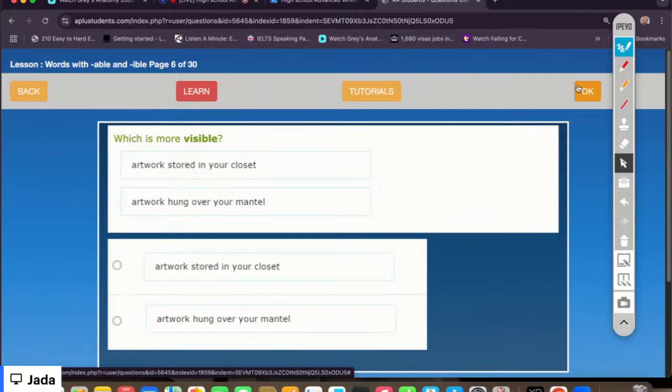Okay, so which is more visible? Artwork stored in your closet, or artwork hung over your mantle?